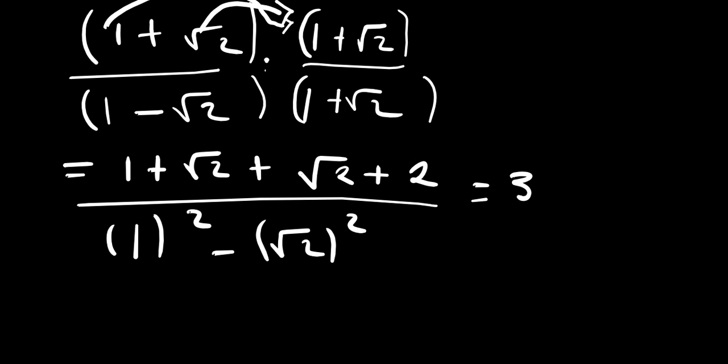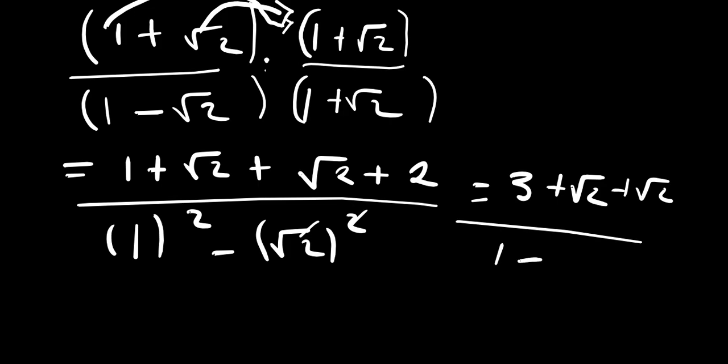On the bottom, 1 squared is 1, and the square and square root of 2 cancel, so we just remain with 2.